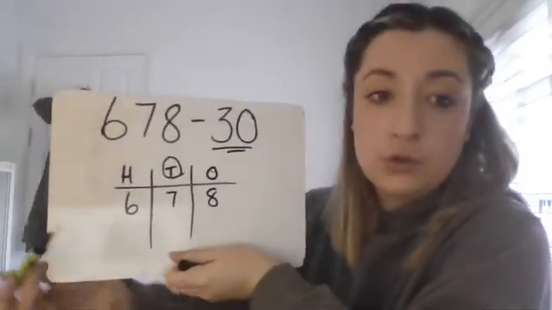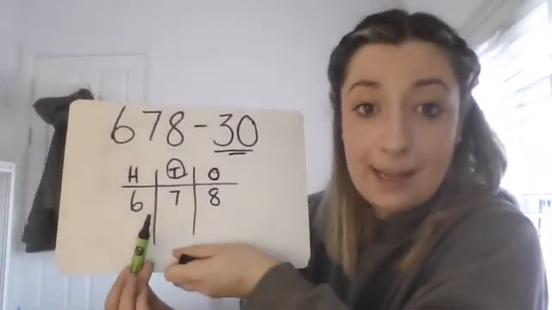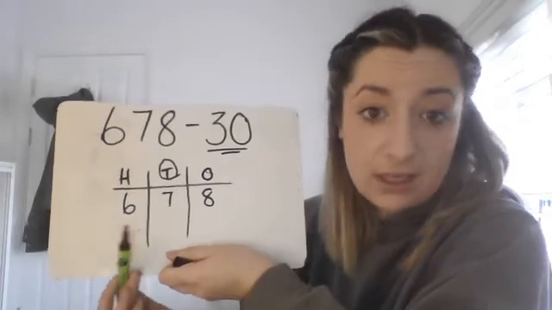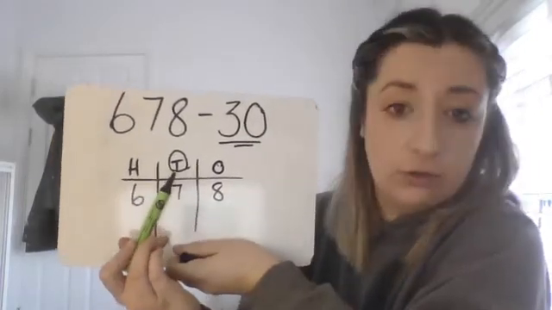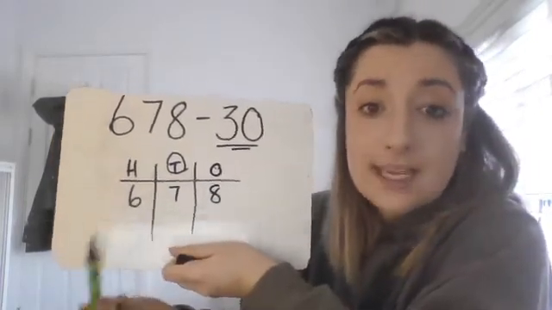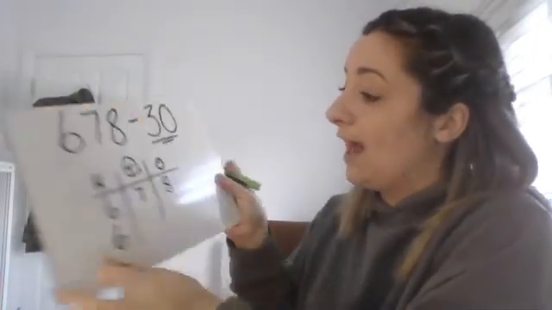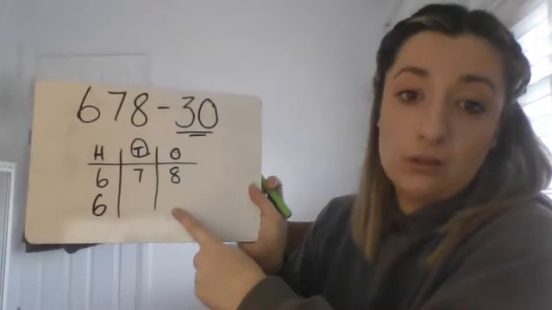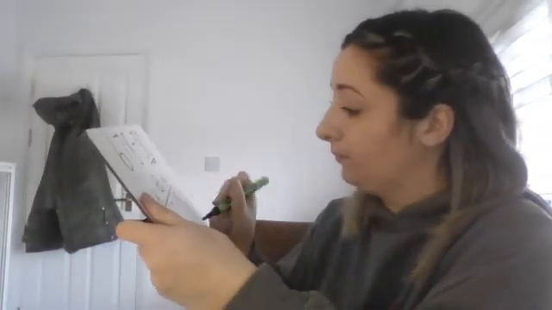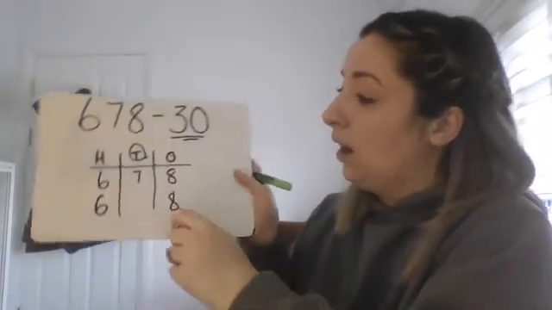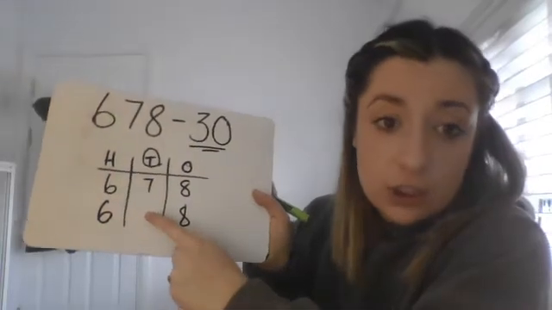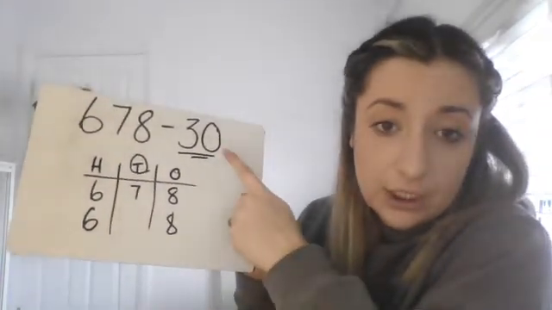So my hundreds, is it going to stay the same? Yeah, it's going to stay the same because the column that I've circled is the tens column. So the 6 is going to stay the same in the hundreds column. So I've still got 600, and I'm still going to put the 8 in my ones because that's going to stay the same as well. On my tens, this is where it's going to change. So I need 70 take away 30.